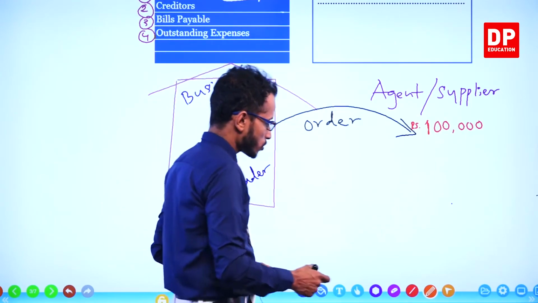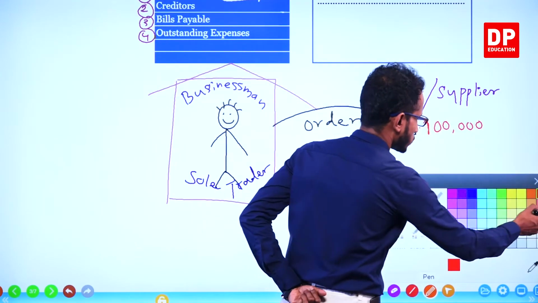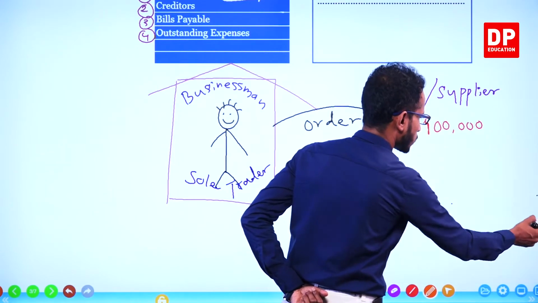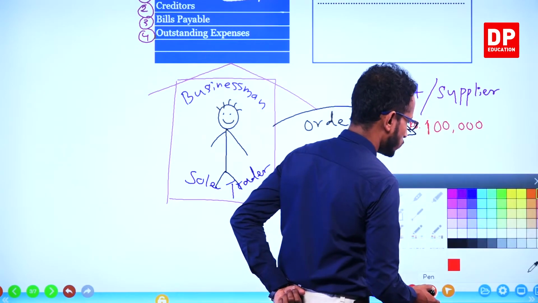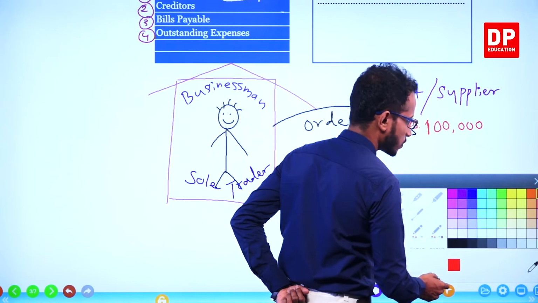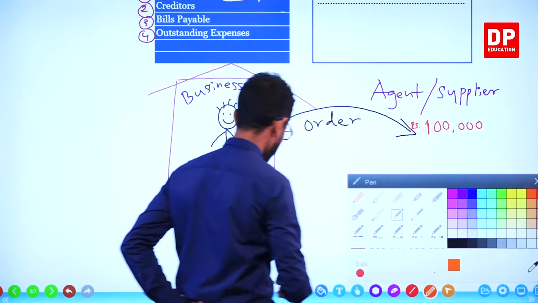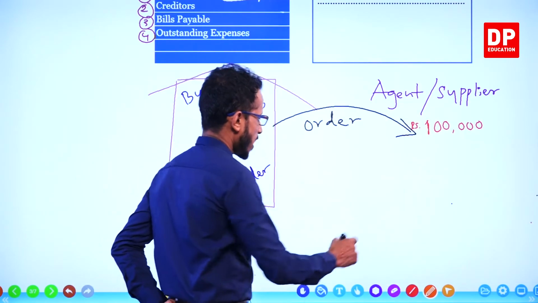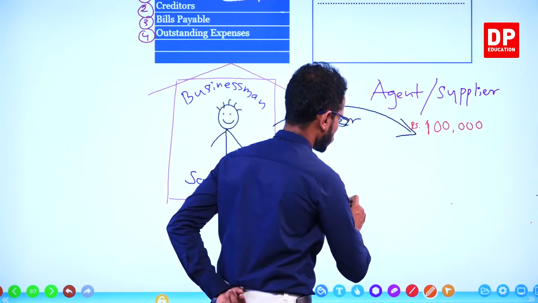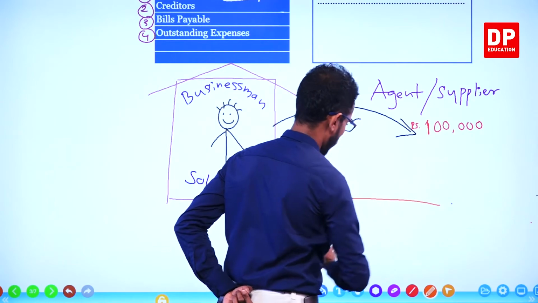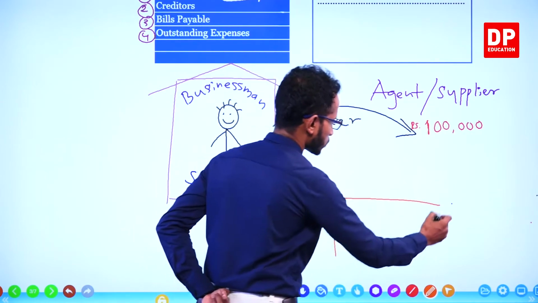So the agent goes to the bank to get the money. And the bank is right here. Which color do you want for the bank? Shall we use orange color for the bank, like Sampath Bank?